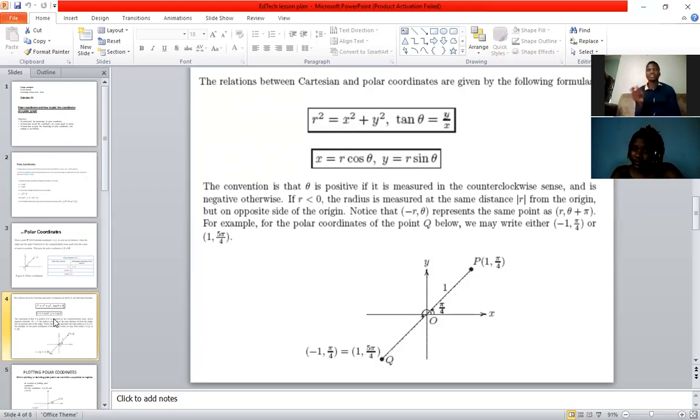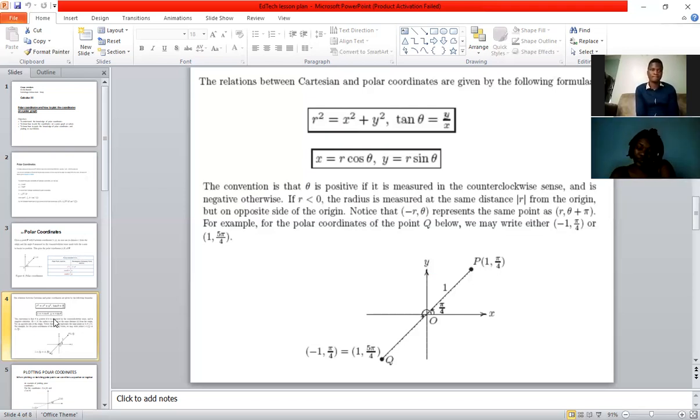It is the rotation counterclockwise, anti-clockwise. Do you get that sense? Yes, madam.